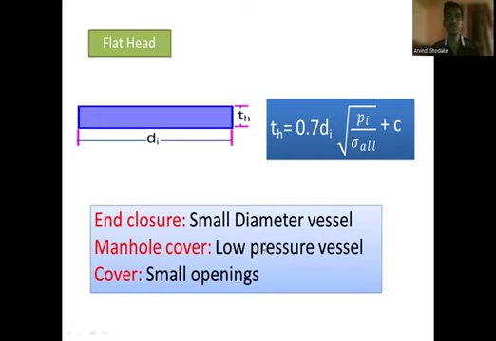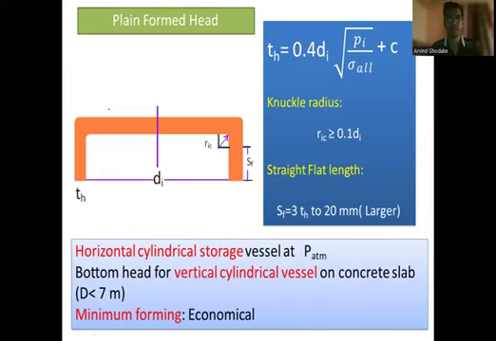The thickness of the enclosure head is calculated by using the formula TH is equal to 0.7 Di into root of Pi by sigma allowable plus C, where Di is the inner diameter of the flange, Pi is the internal pressure, sigma allowable is the allowable stress, and C is the corrosion allowance.